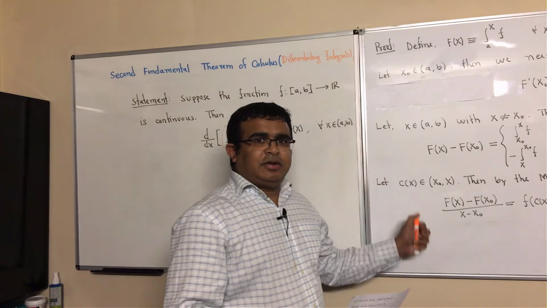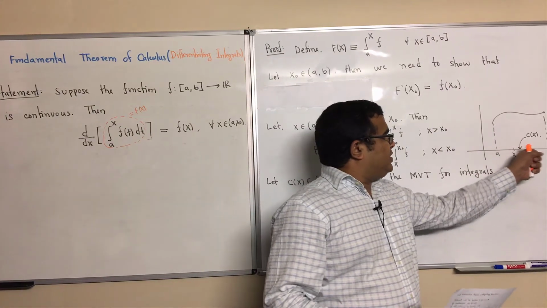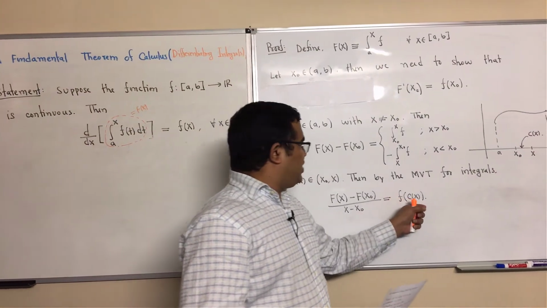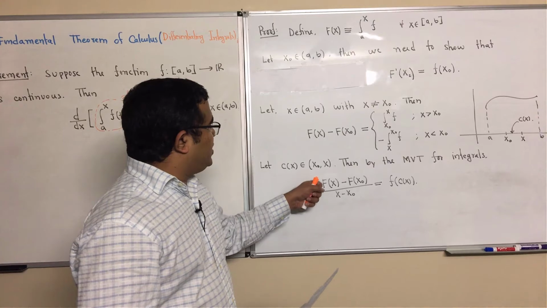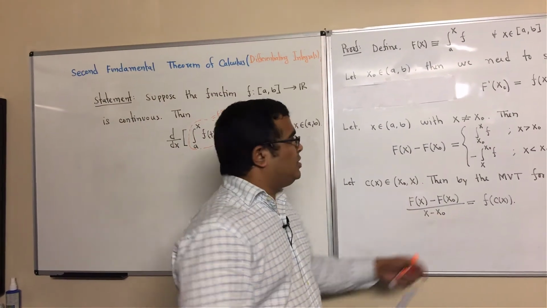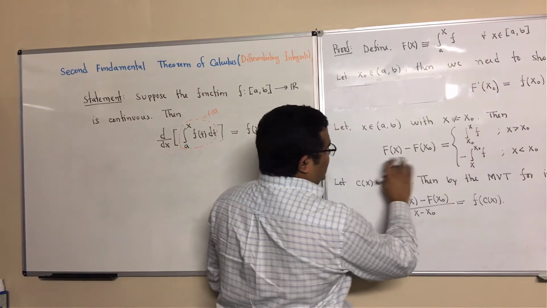Because by the mean value theorem for integrals, there is a point in that interval at which the function f equals the integral from x0 to x of f over x minus x0, and the integral from x0 to x of f is that one.